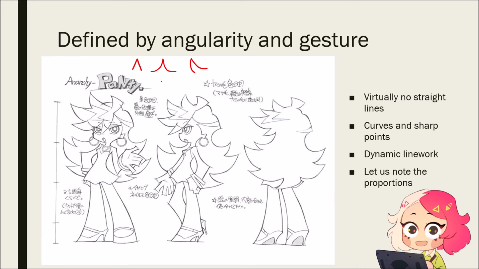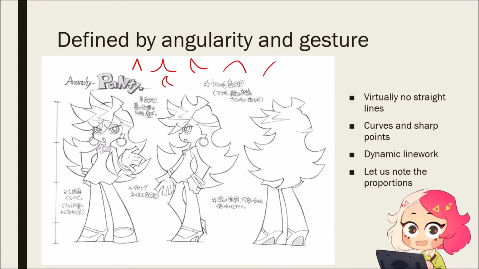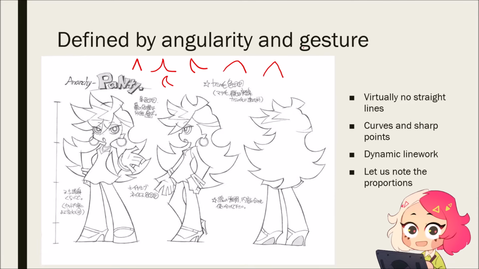We could have this, which is two crescent moons going in the same direction. There we go, this is better. So I would say in the Panty and Stocking art style, this is the particular angle that is being utilized the most: two curves conjoined in the same direction.